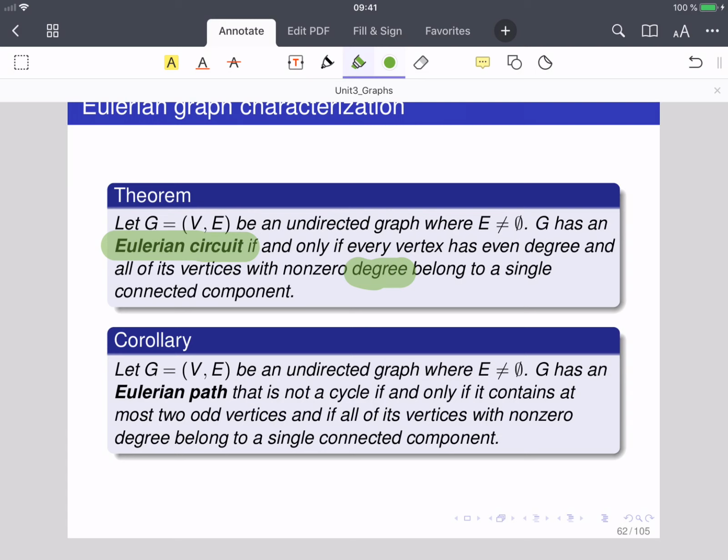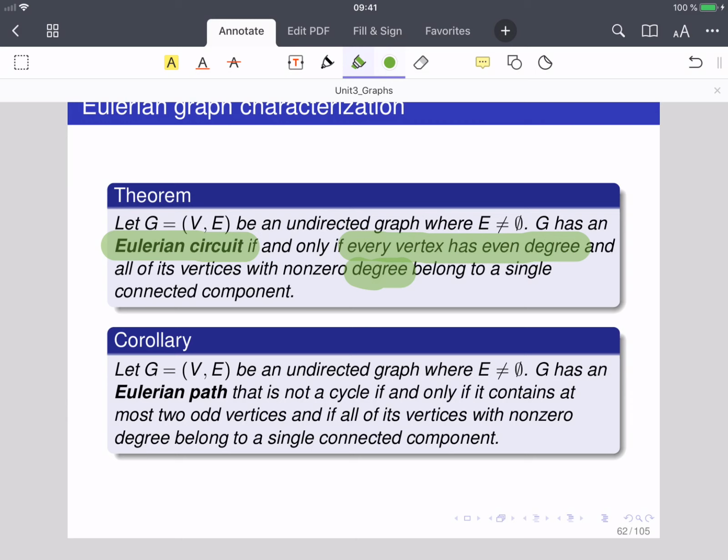In the first case, we know that we have a circuit that uses all the edges of the graph once and only once, if and only if every vertex has even degree. And also we need something else. We need that all the vertices are connected somehow.